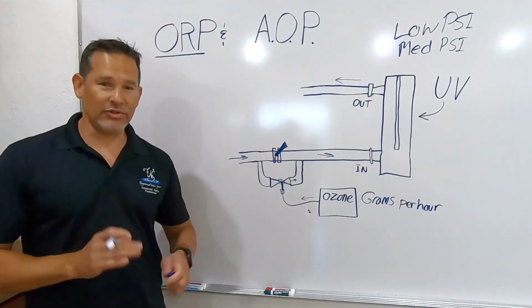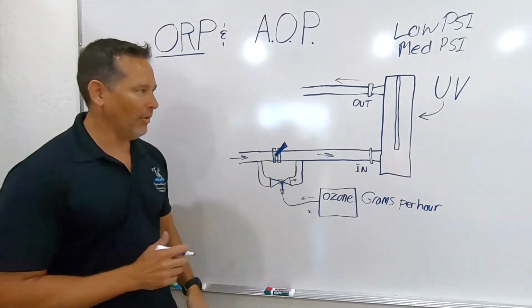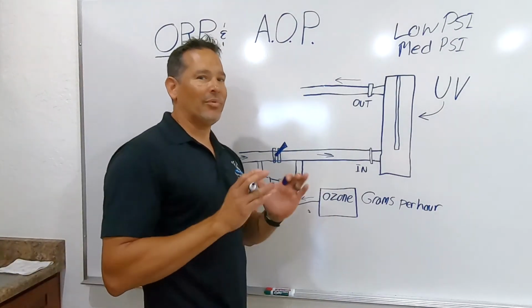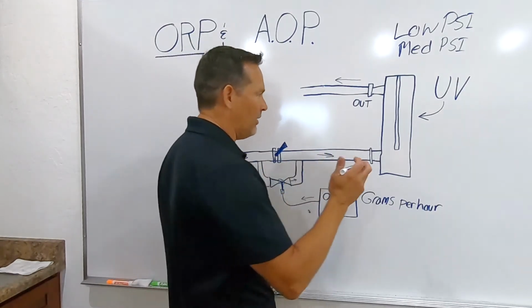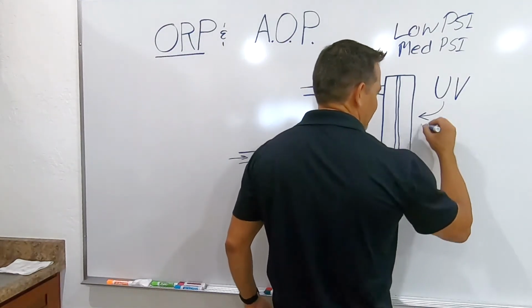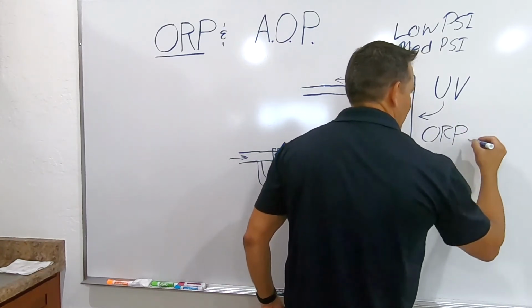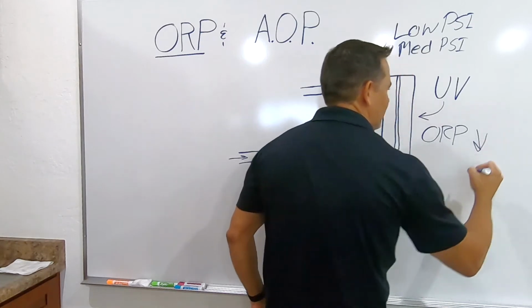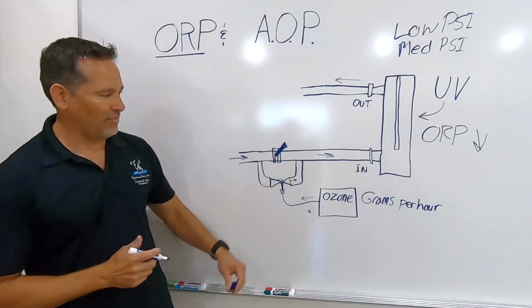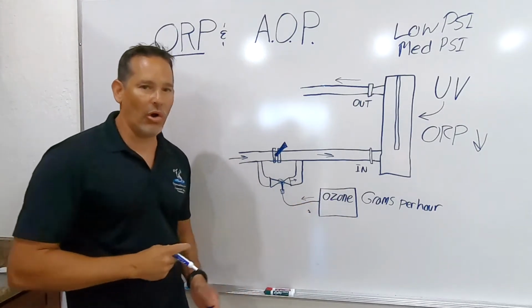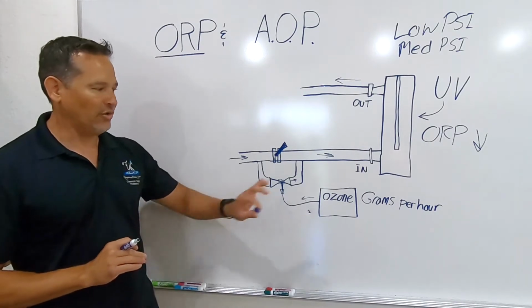So here's the really interesting part. As you're passing ozone through this UV chamber, it's a great process for destroying different microorganisms in the water. Great process. So when it passes through here, your ORP actually will drop. Okay, it reduces that ORP, and the reason why is because ozone is such a strong sanitizer. It's the strongest natural sanitizer you can get.